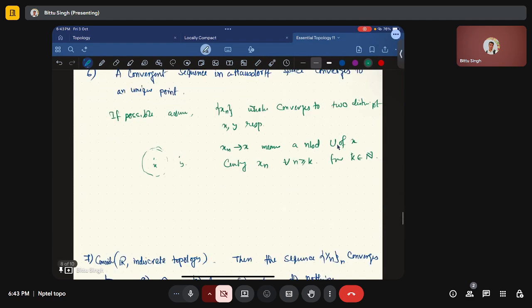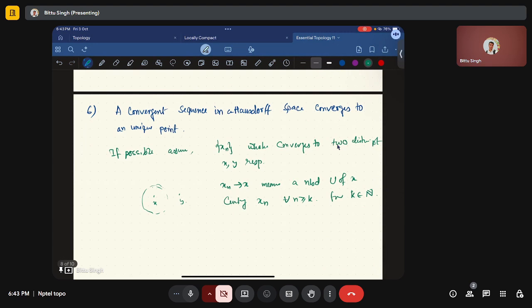Similarly, xn also converges to y means the same type of thing. There exists a neighborhood V of y containing xn for all n greater or equal to, instead of k, a different natural number k dash belonging to N, for some k dash.